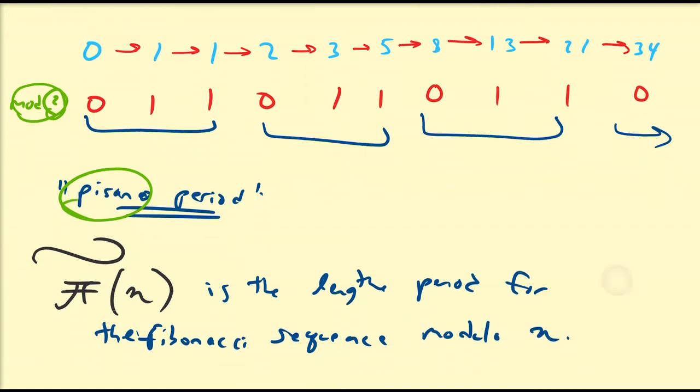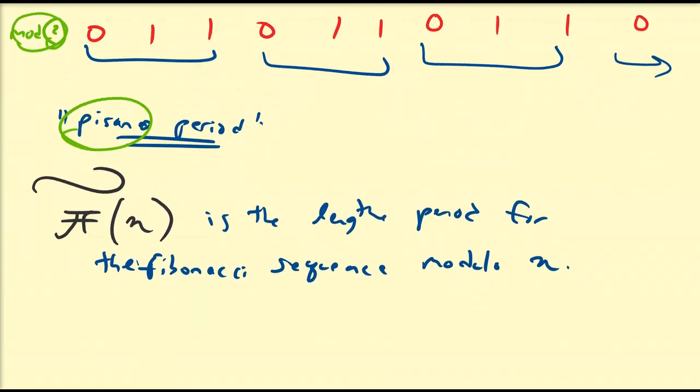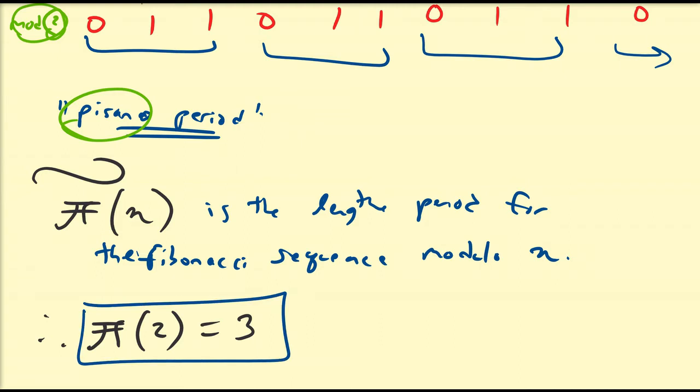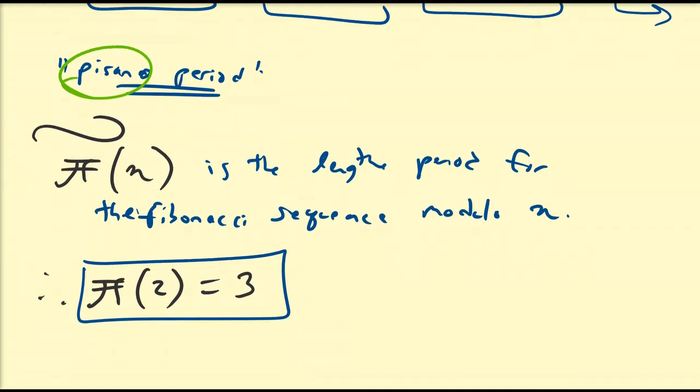We clearly see, and we can prove by induction if we may, that the Pisano period of order 2 for the Fibonacci numbers is equal to 3. Again, you can use pretty much any number sequence and follow along to figure out, say, what the Pisano period modulo 2 is for the Lucas numbers, for example.